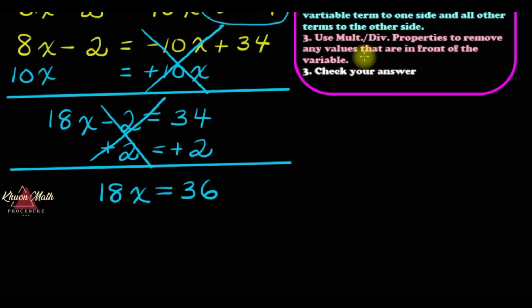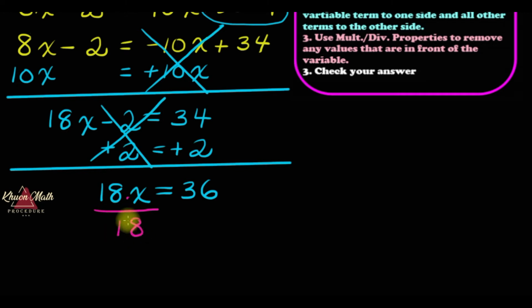Step 3 is to use the multiplication or division property to remove any number in front of the variable. What we have in front of the variable is the 18. So here we have 18 multiplied with x. So to get rid of the 18, the opposite of multiply is divide.